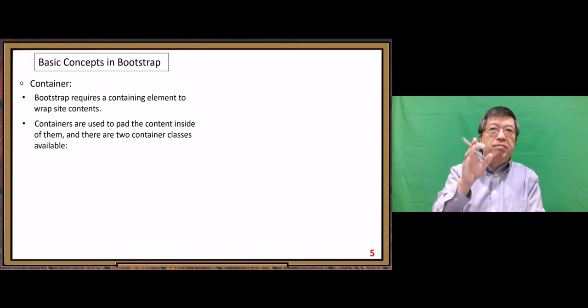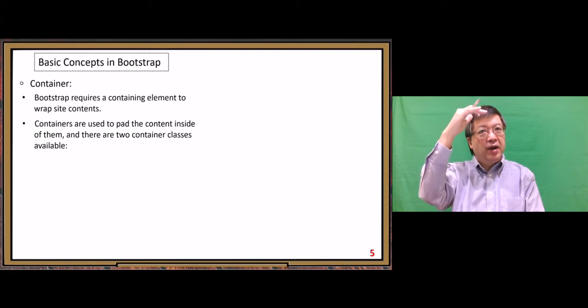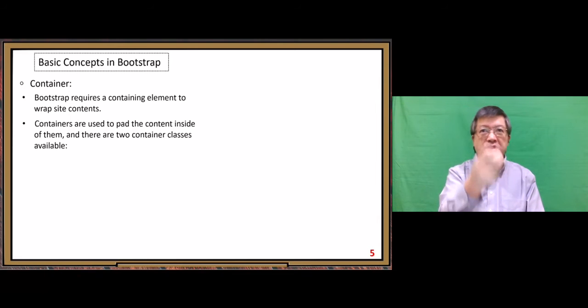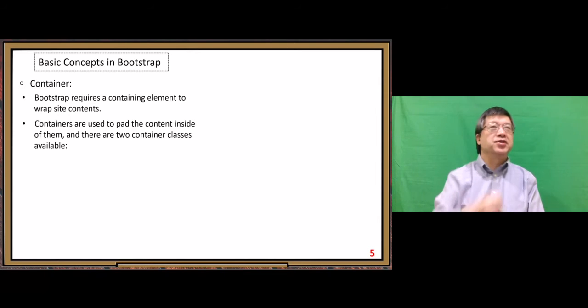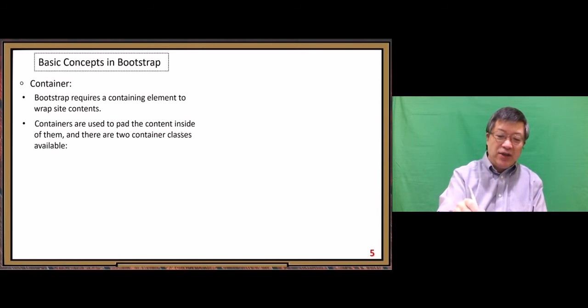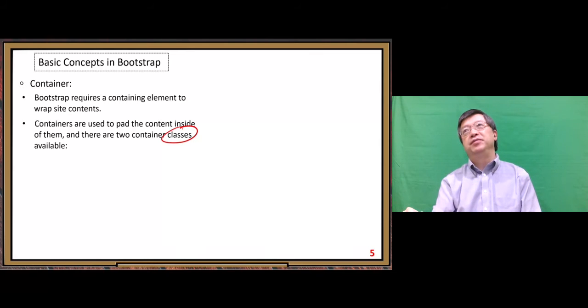Containers are used to pad the content inside of them. There are two container classes available. Here you can see the typical way Bootstrap uses special classes, just CSS classes.